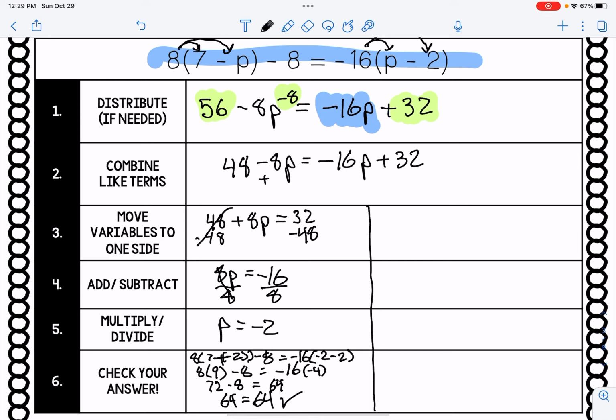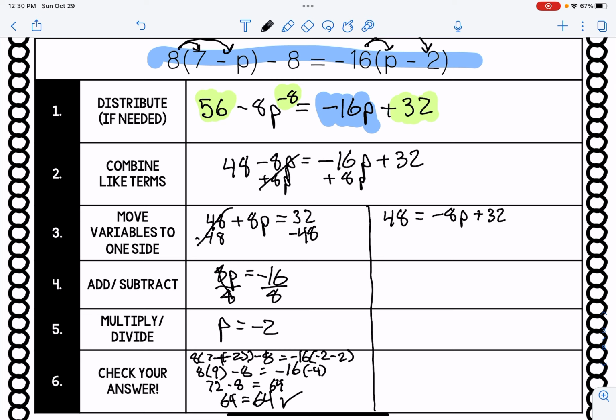So I'm going to add 8p to get rid of it on this side, and I'm going to maintain that equality by adding over here. So this side's now going to disappear for us, and we are going to have 48 all by its lonesome. Now negative 16p plus 8p is going to be negative 8p and plus 32.